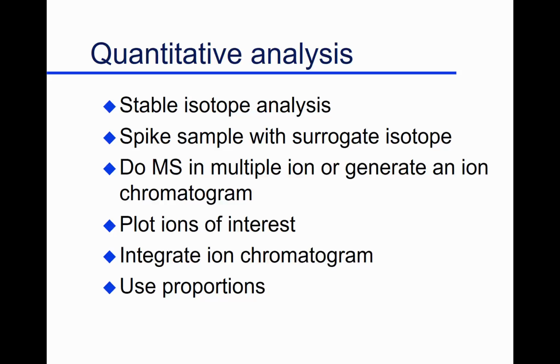There's a lot that can be done with quantitative analysis. One of our favorite techniques, and by far the most costly, is to do stable isotope analysis. And by stable isotope analysis, when you think about it, you want to have some anchor.